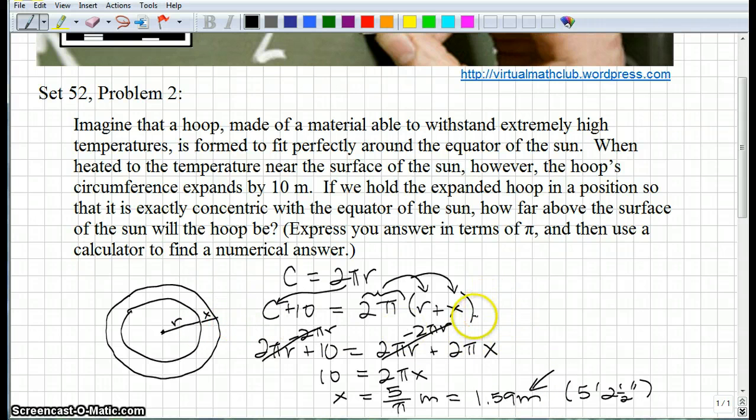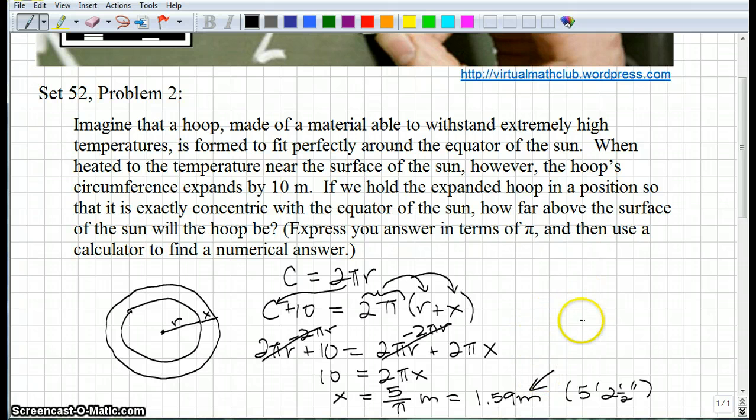And it's also true that if you made a hoop to fit around the Earth, and you increased its circumference by 10 meters, and put that around the equator of the Earth, then it would be 1.59 meters above the surface of the Earth. And the same with the Moon. If you had a hoop that would be 10 meters larger than the circumference of the Moon, then it would be 1.59 meters above the surface of the Moon.